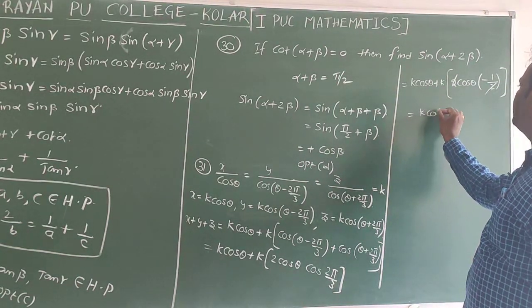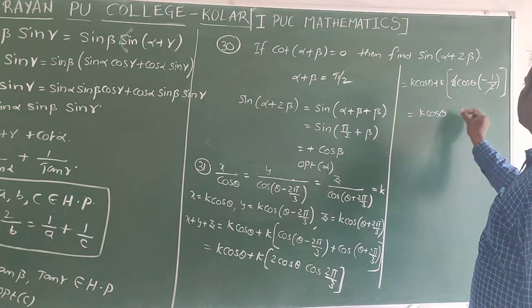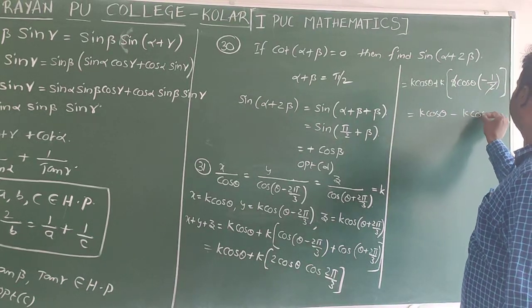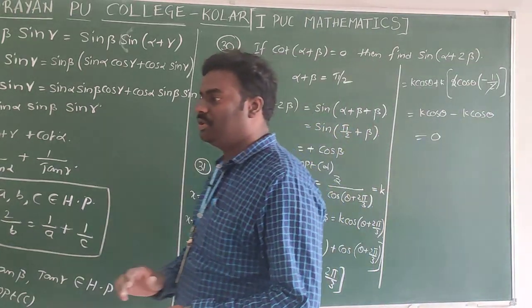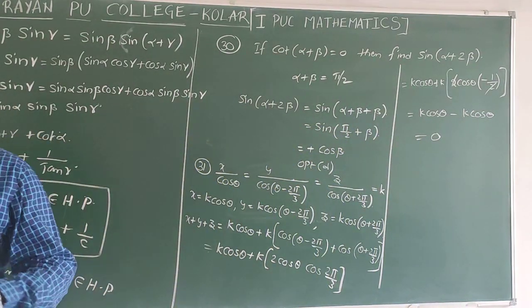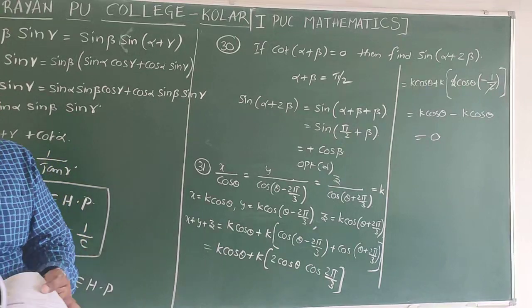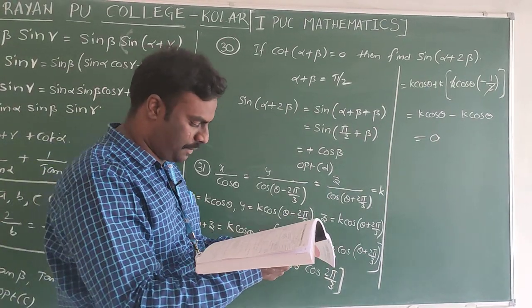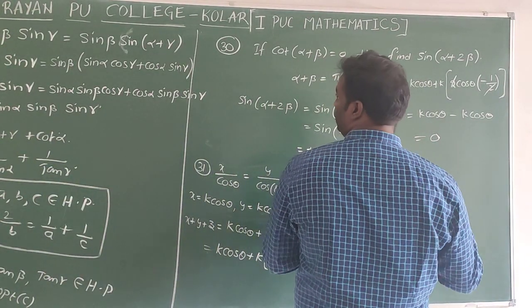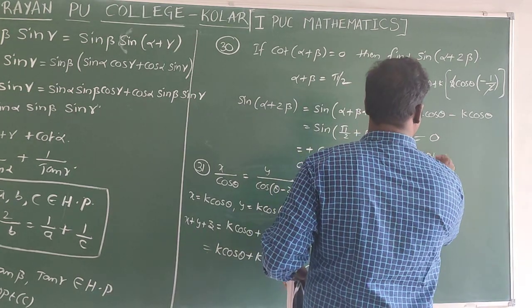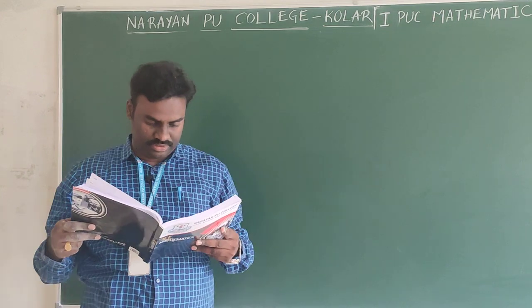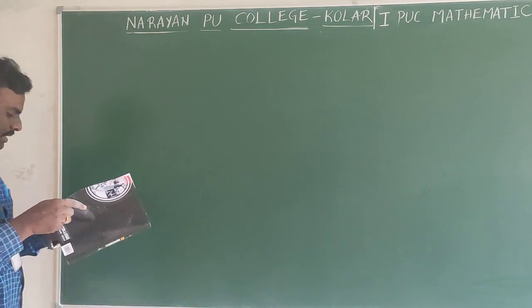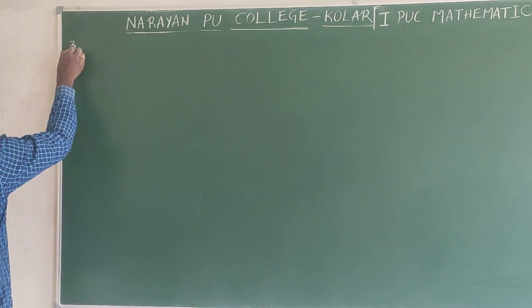K cos theta plus into minus k cos theta. So k cos theta minus k cos theta is nothing but 0, which is the answer for question number 31, that is option B is the correct answer. Next, question number 32.